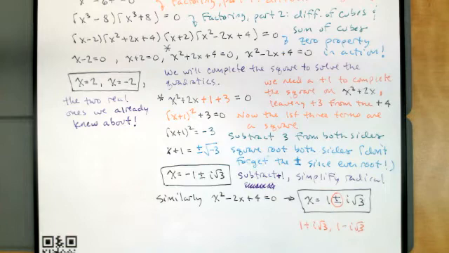But it's okay to be lazy, because if we have a polynomial with real coefficients, any complex zeros will always come in conjugate pairs, a plus or minus bi. Complex zeros of polynomials with real coefficients always come in conjugate pairs.